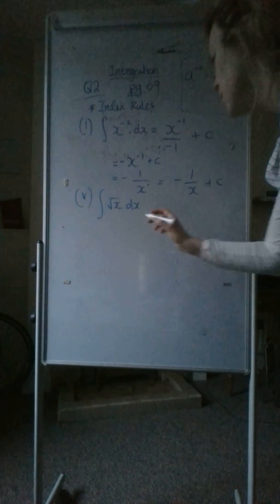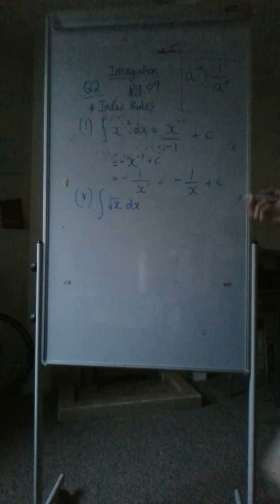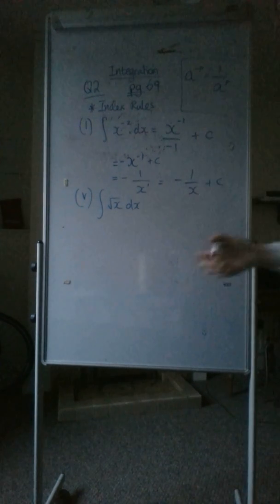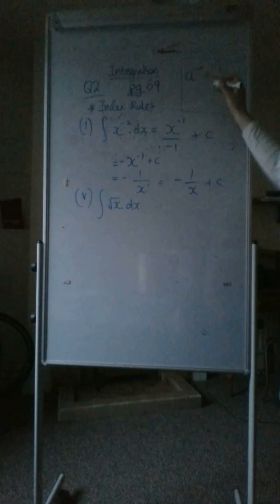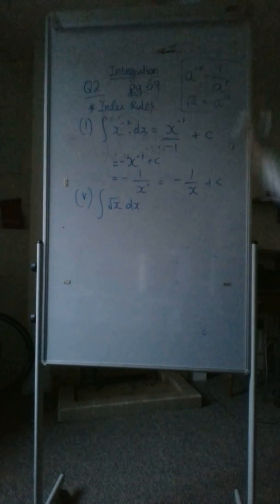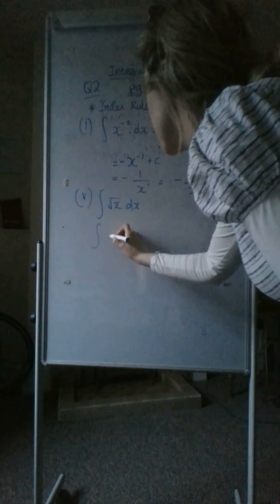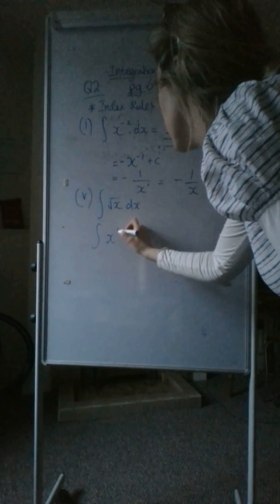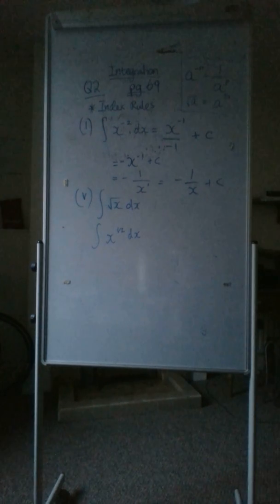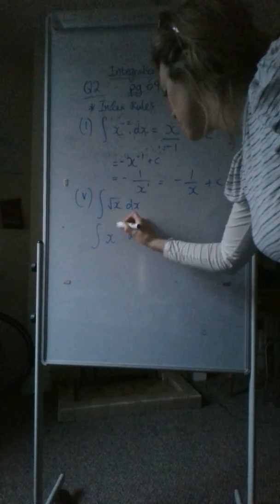Before I integrate it, I'm going to use the fact that the square root of a is a to the power of a half, so I can integrate it. So this is the same as x to the power of a half dx. I haven't integrated it, I've just written it in a different form.